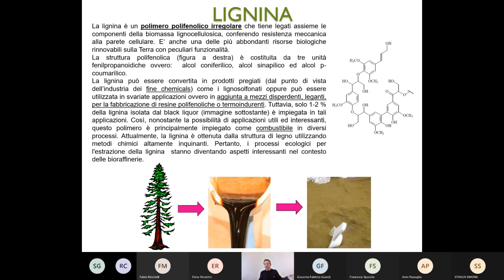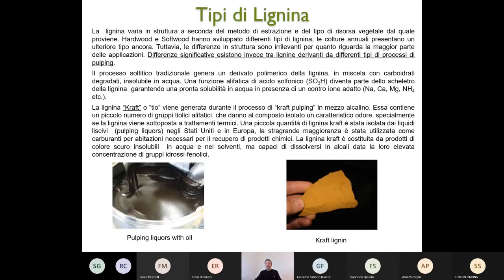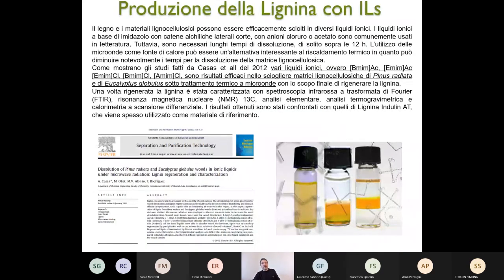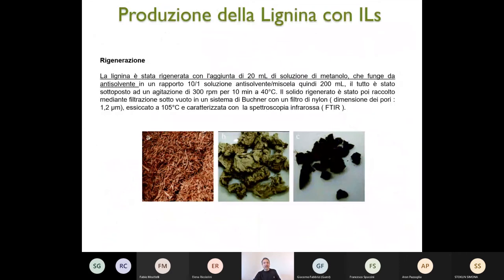But of course, you can also have more added value possibilities to use lignin. We can see, for example, an added value for building materials.